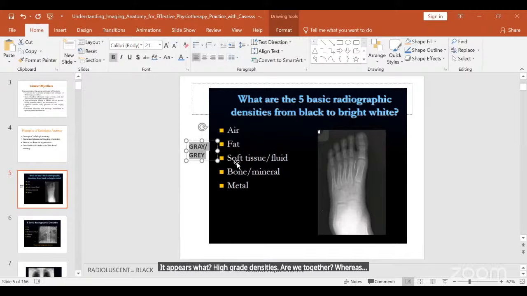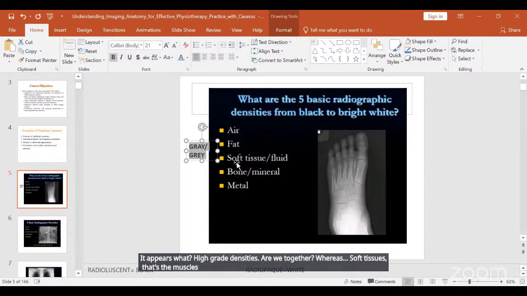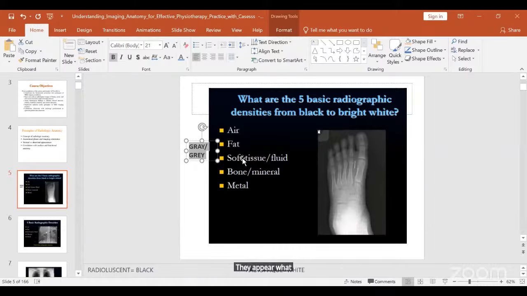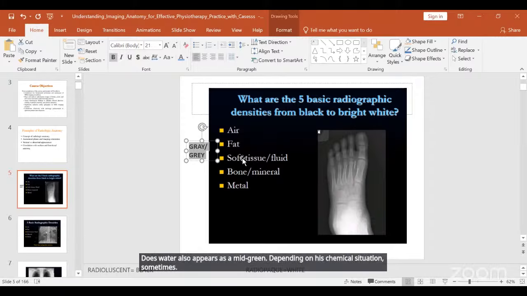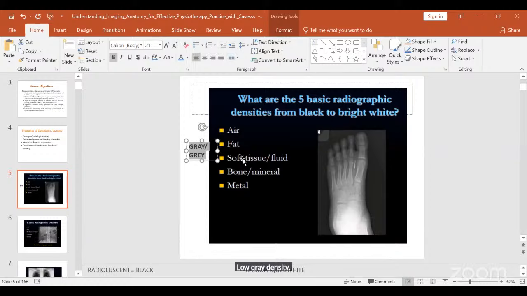Whereas soft tissues, that's the muscles, on a properly exposed radiograph, appear what? Mid-gray densities. Are we together? Fluid, that's water, also appears as a mid-gray, depending on its chemical constitution, sometimes low-gray density. Are we together?